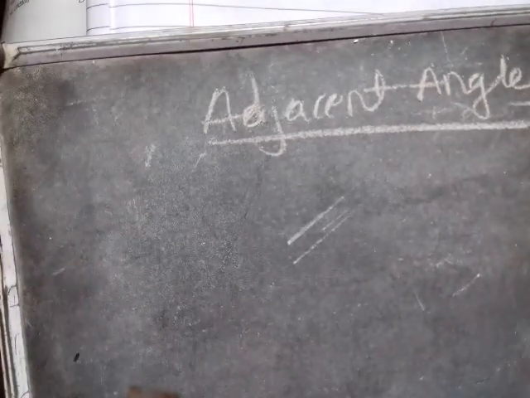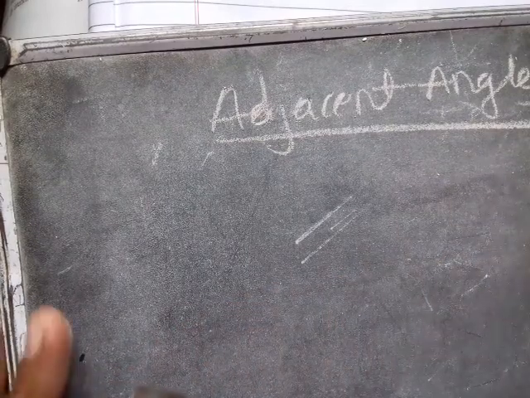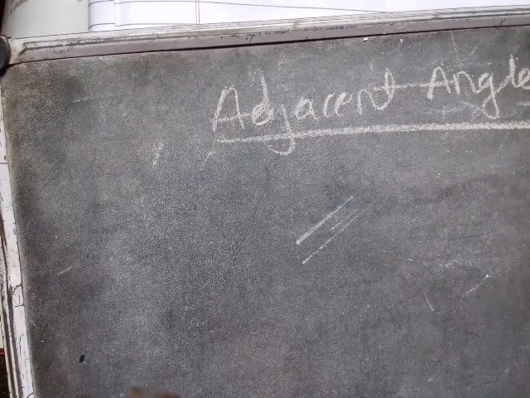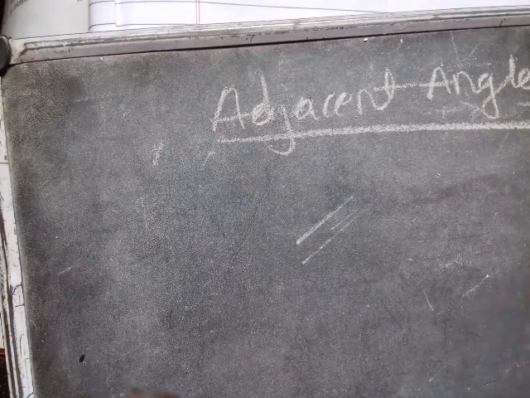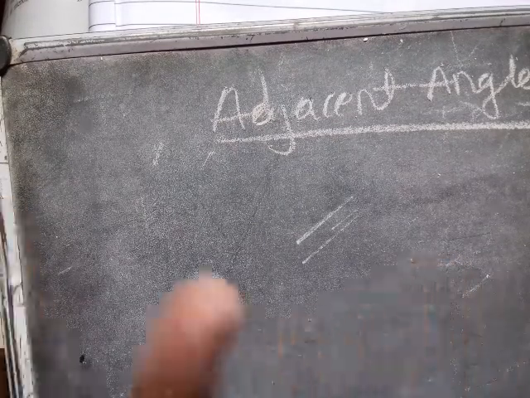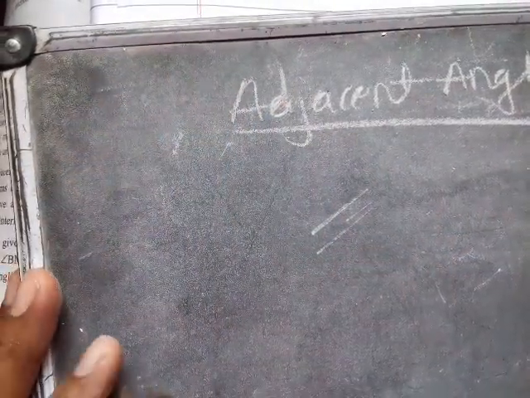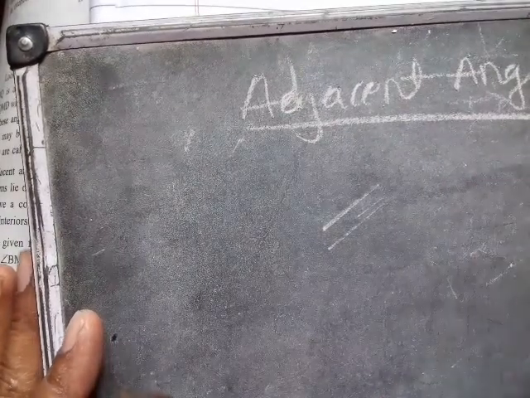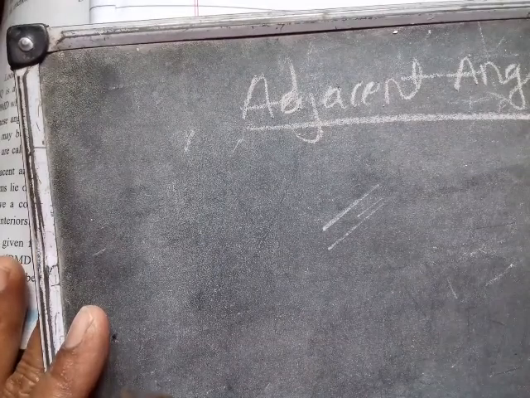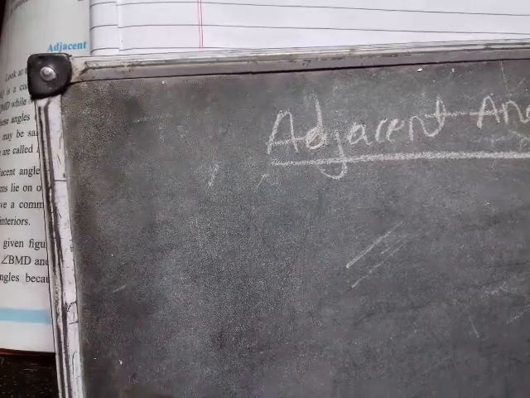Suppose you have neighbors in a flat system, where on one floor there are four flats. Your neighbor has only one common wall with you, or on the left-hand side or right-hand side their rooms are there. What I am telling you is that they are adjacent to you. Like that I want to explain.